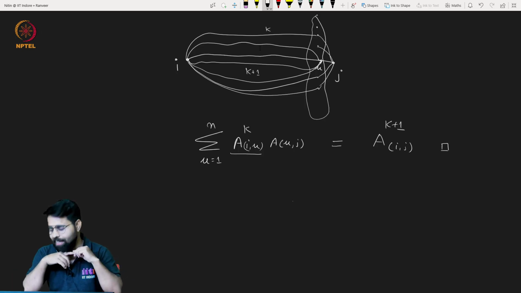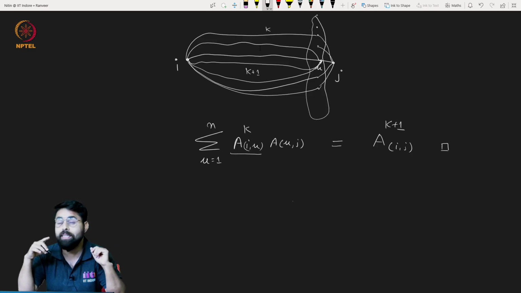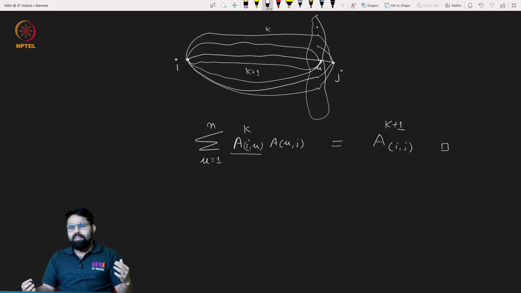Now the next obvious question: I am boasting too much about matrix power or matrix multiplication. Suppose I want to count walks of length 1000 between vertex i and j. I have to find A to the power 1000, and suppose the matrix is big. How can I do it?